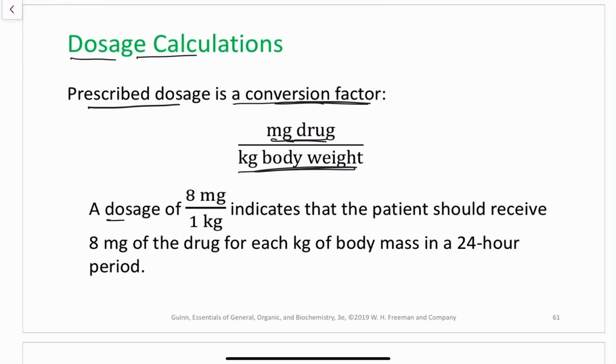For example, a dosage of 8 milligrams per kg means the patient should receive 8 milligrams of the drug for every 1 kilogram of body mass within 24 hours. Right? For every 1 kilogram, you have to give 8 milligrams of the drug.